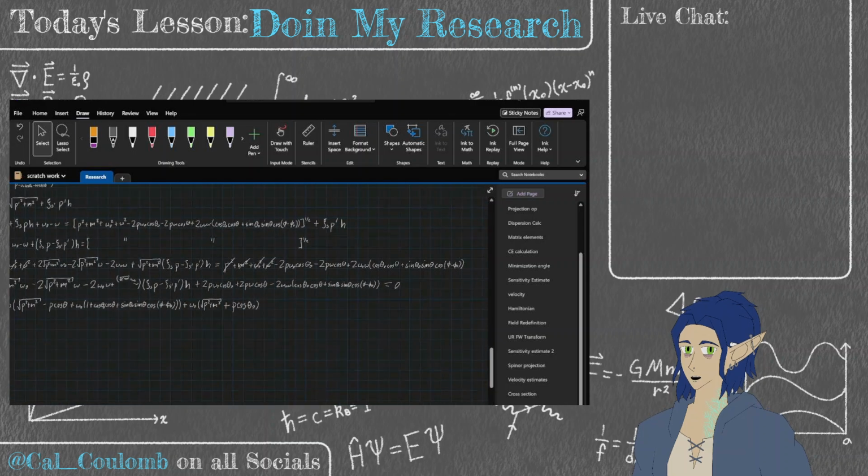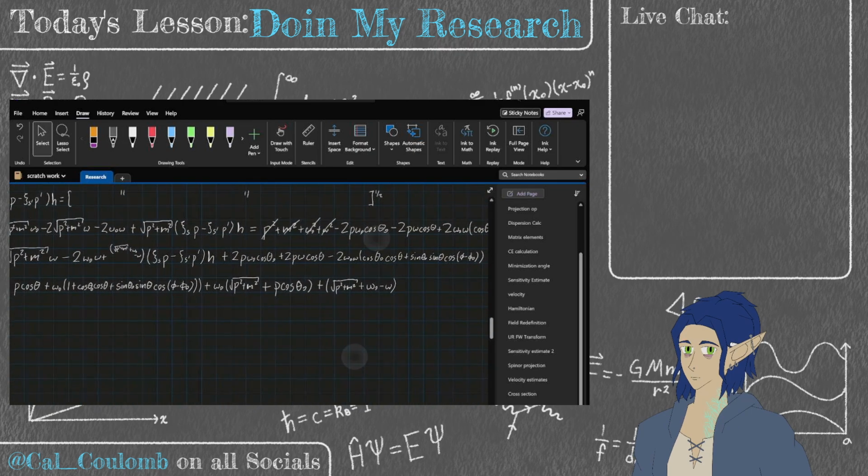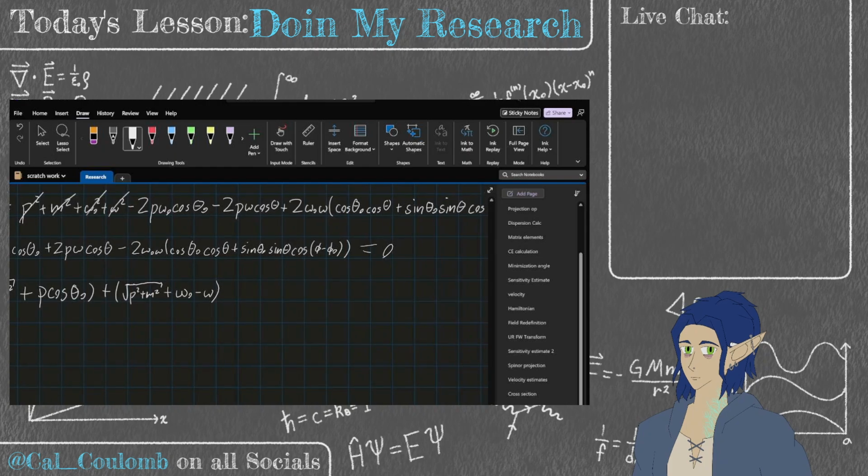Now we have the terms that do depend on h, and it's just this one right here. That's going to be plus square root of p squared plus m squared plus omega naught minus omega times c s p minus c s prime p prime times h.